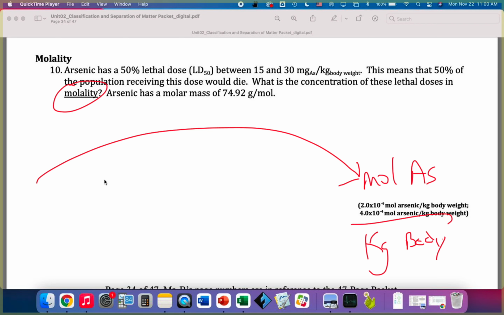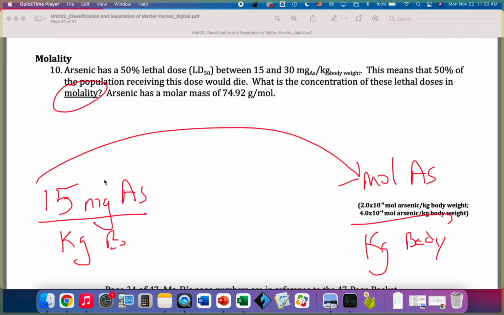Alright, so we've got 2 problems set up here. Let's do the 15 and then we could just double the answer to get the 30 answer. So I've got 15 milligrams of arsenic per kilogram of body.